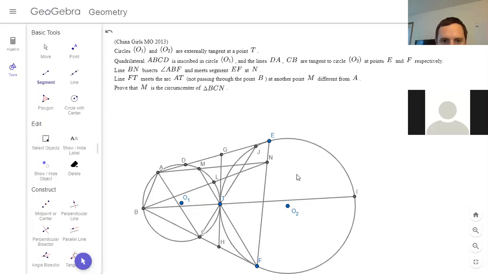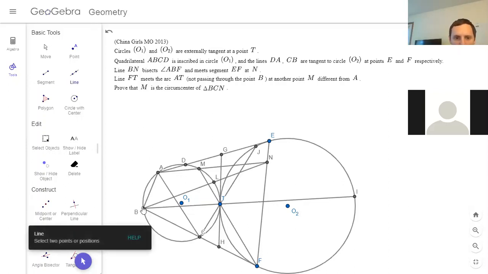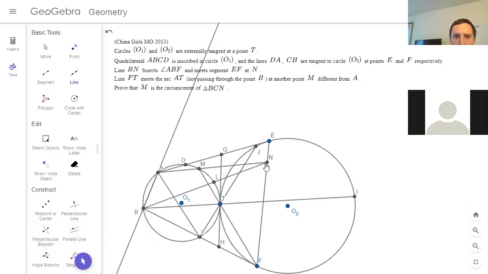So we can compute ALB and show it as twice LAM. So basically, AN is the bisector.